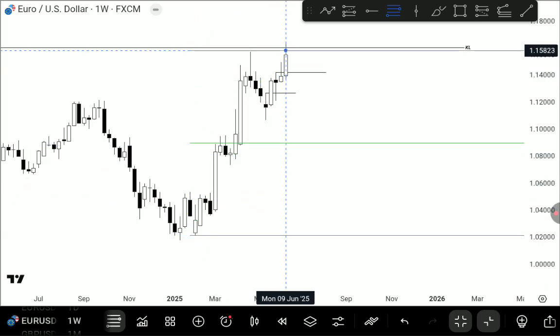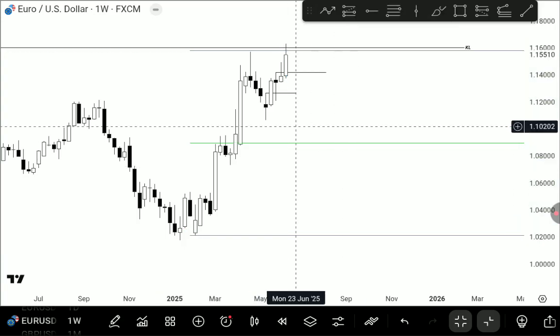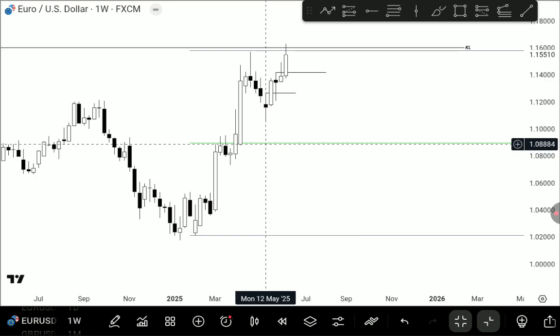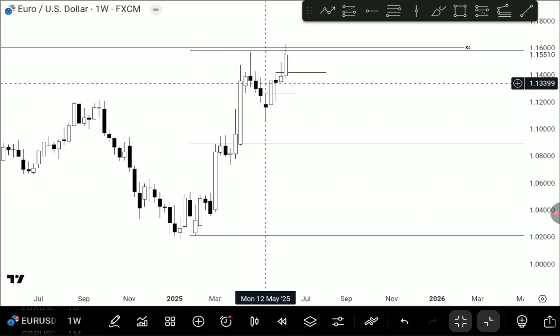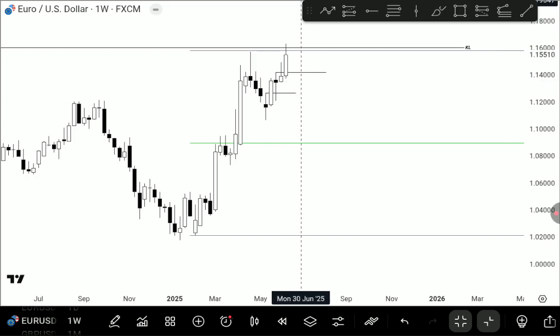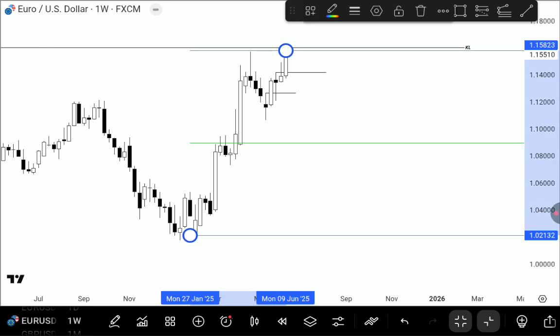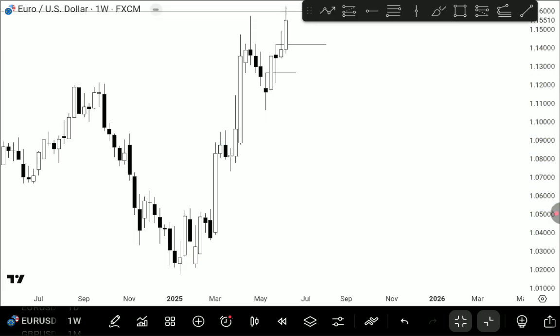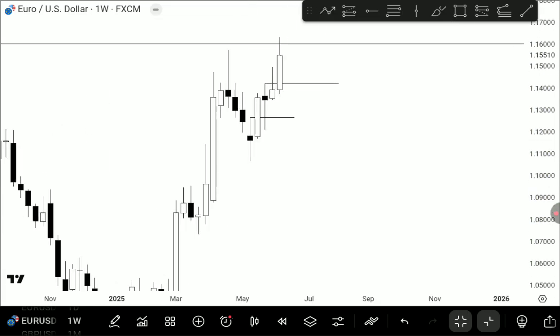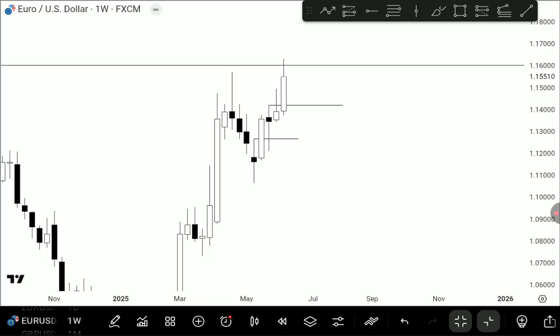For example, this expansion move to the upside, you can see that price never reached the equilibrium at any point to balance this expansion leg before you would possibly expect more expansion moves to the upside. Price never did so, and this opens the gate to our draw of liquidity, right?